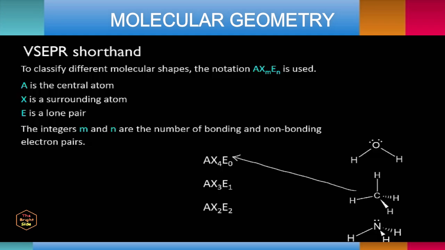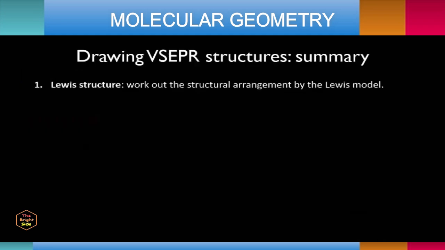Ammonia, with 3 bonds and 1 lone pair, is denoted AX3E1. And water, with 2 bonds and 2 lone pairs, is AX2E2.